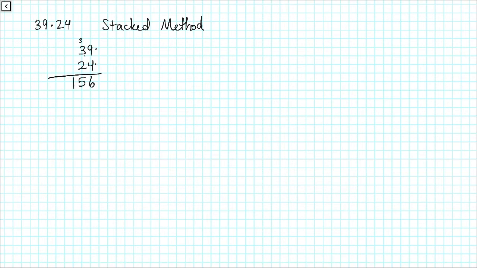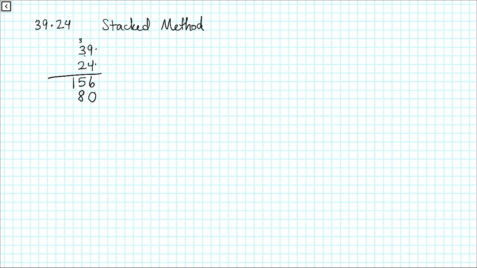And that's a lot of things that are supposed to happen inside your head. And then you move over. Sometimes you're taught to write a 0 here. Sometimes you're just taught to leave a blank there. You move over one digit, and then you multiply 2 times 9 is 18.